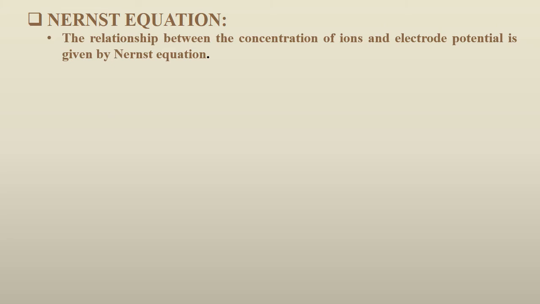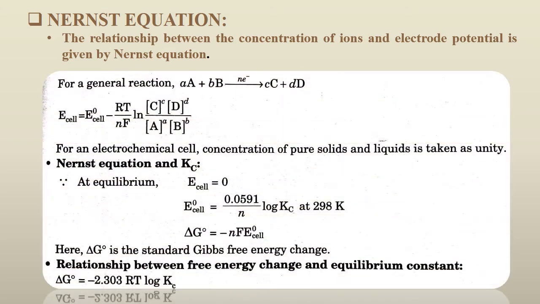The potential of the electrochemical cell depends on temperature, concentration of solutions associated with the cell reaction, and nature of the electrode. The scientist Nernst first gave the equation showing the relation between the potential of the electrochemical cell and the concentration of solutions associated with the reactions. He showed that this equation can be deduced on the basis of the principles of thermodynamics.